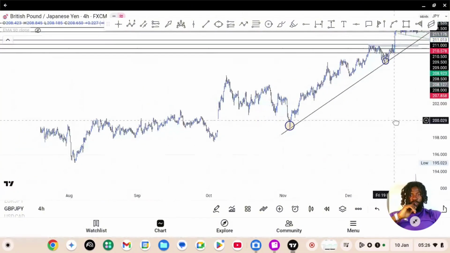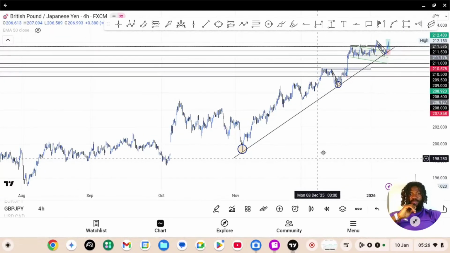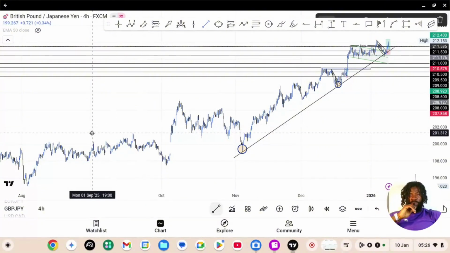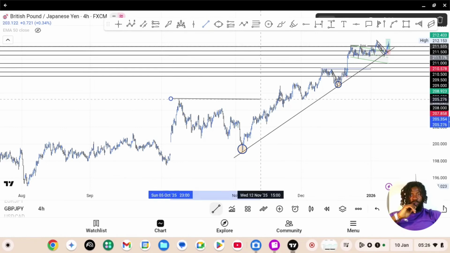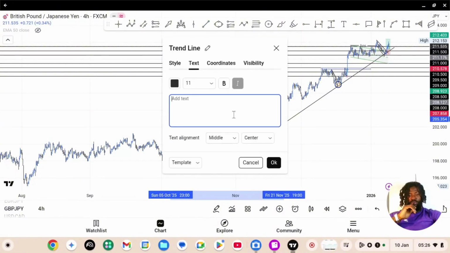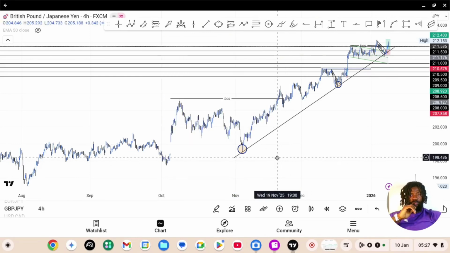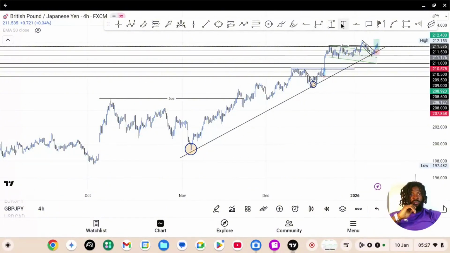So as you can see, we have a very clear buying structure here. A clear uptrend example. Now we have a break of structure. Let me just start this from here. We have a break of structure upward. Have a break of structure upward. Now we have a higher low here.